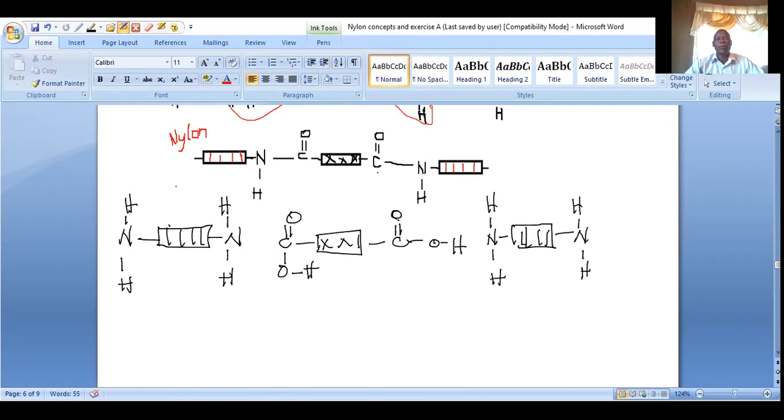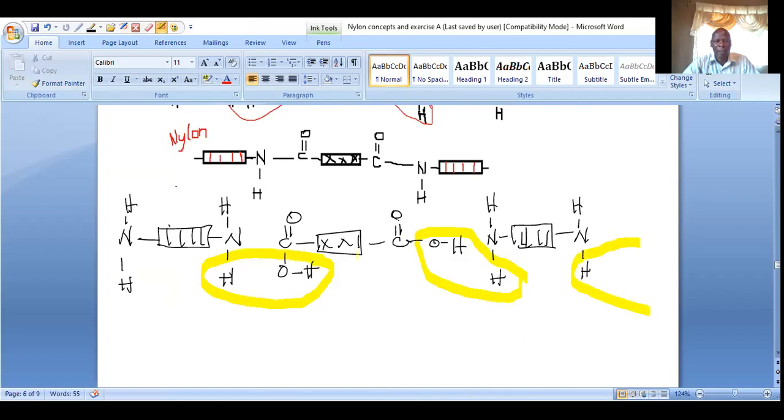And so for you to form the nylon, all you need to do, as I indicated, is remove the hydroxyl from the acid, and from the amine, you remove the hydrogen. Similarly here, you are going to remove this. Similarly there, you are going to remove that.